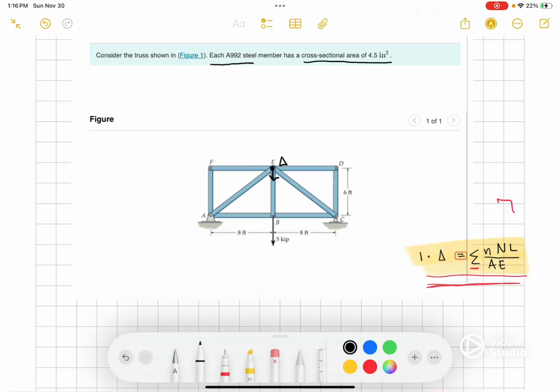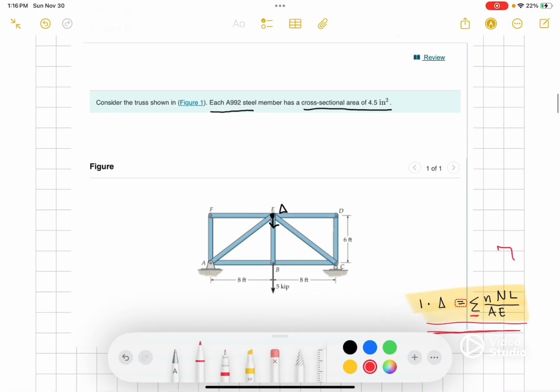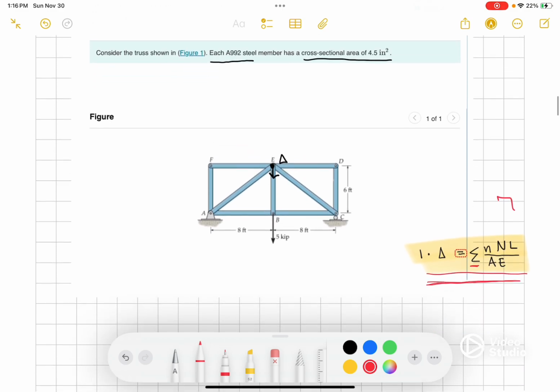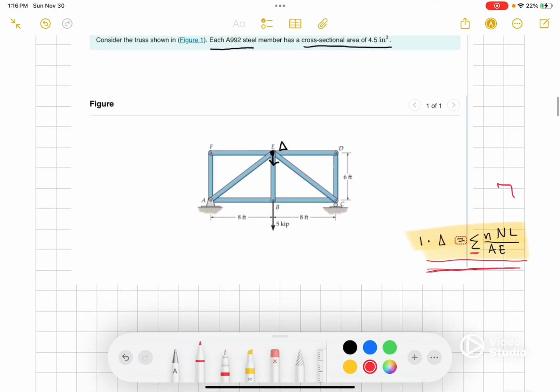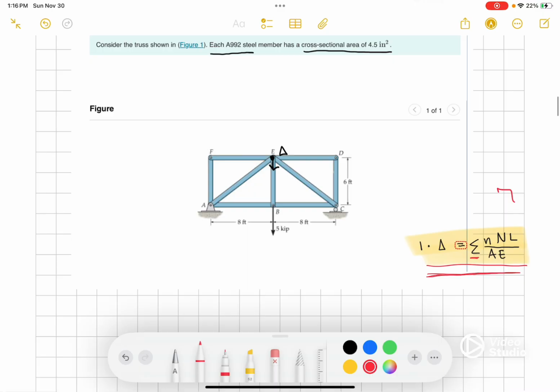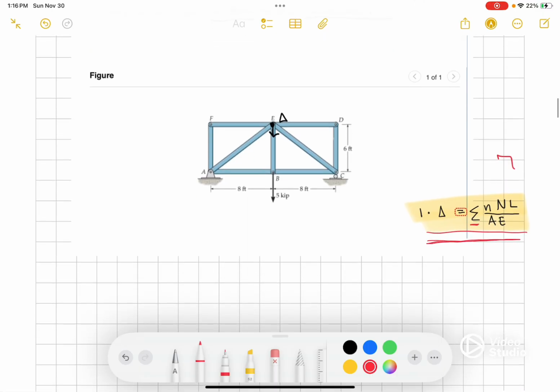Okay. And so let's just write down what we know. And they want it in inches, so let's just choose our units right away so that it's all going to work out. So we have a cross-sectional area of 4.5 inches squared, so that's going to be our A here. So A equals 4.5 inches squared.